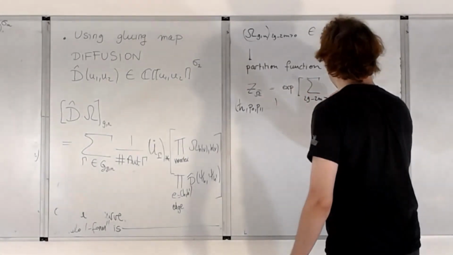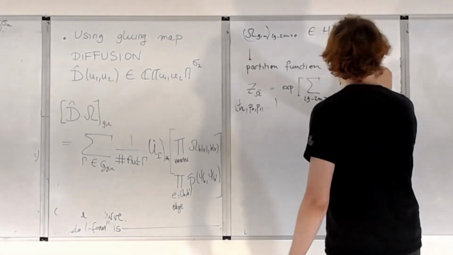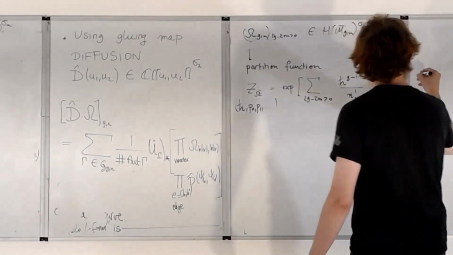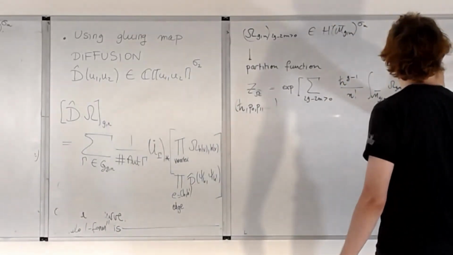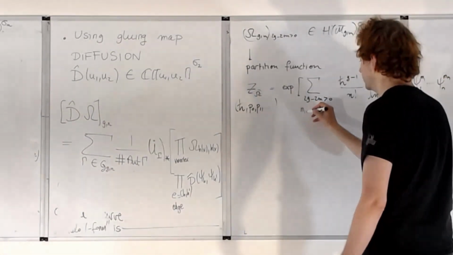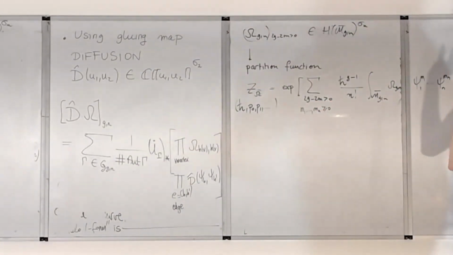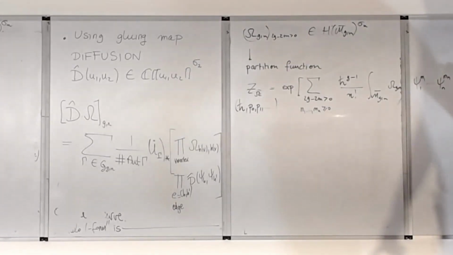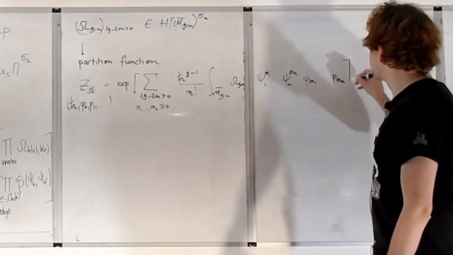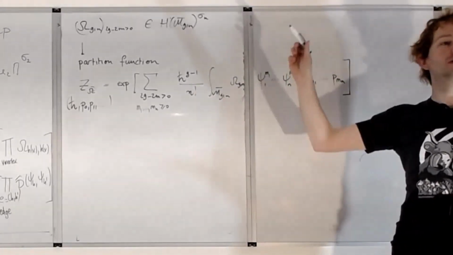So I'll always have the stability condition, h bar to the g minus 1 over n factorial, and the integral of the class times the psi classes to arbitrary powers. So I have to sum as well over the m's. And I want to store this information, so I'm putting formal variables p m1, ..., p mn in front of this. So I'm not losing anything, it's just a convenient way to consider all these numbers at the same time.